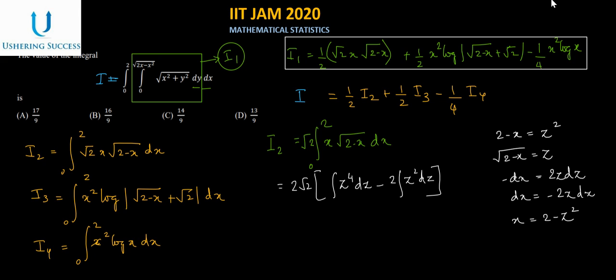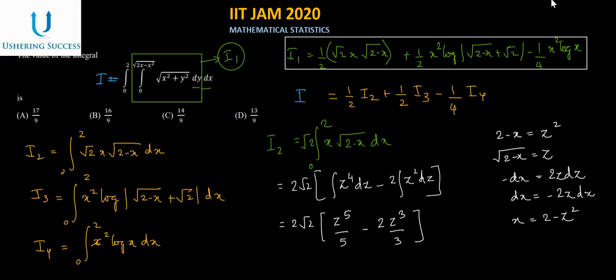So this becomes a simple integral, and we can do it very quickly. 2 root 2 integral of z4 dz is z5 by 5 minus 2 integral of z square dz is z cube by 3.